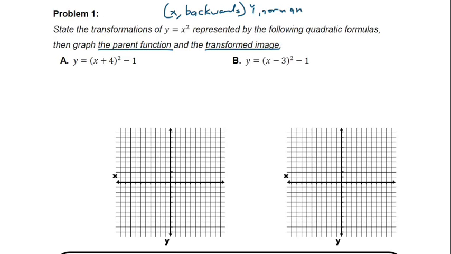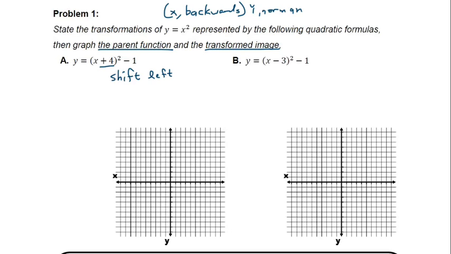So here you go. State the transformations of y equals x squared. Then graph the parent function and the transformed image. We're inside, adding or subtracting, so it's a shift. Now, if you add 4, you would think you're going to the right, because that's where positive x is. But really where you're going is left, because everything is backwards.